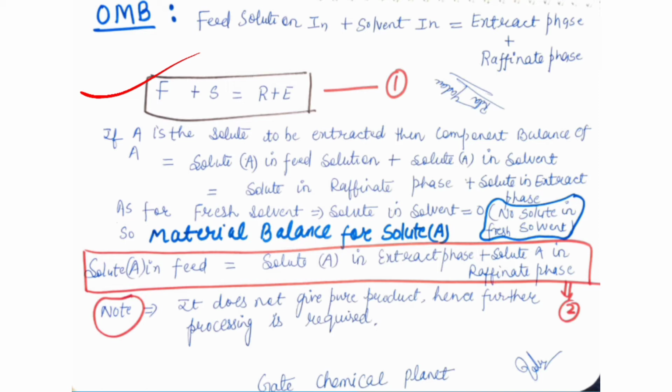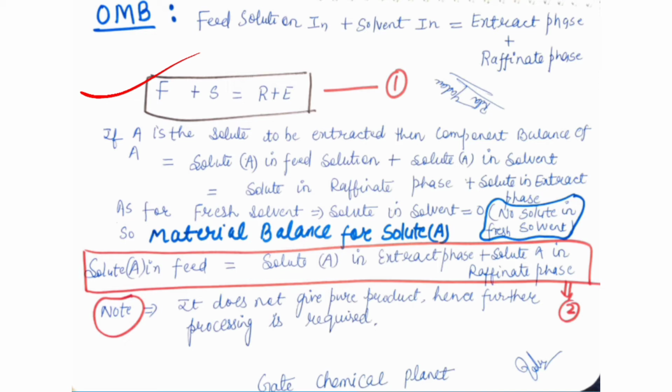So the solute A in the feed solution plus the solute A in the solvent equals the solute in the raffinate phase plus the solute in the extract phase. And for fresh solvent, there is no solute in the fresh solvent, so the solute in solvent equals 0.